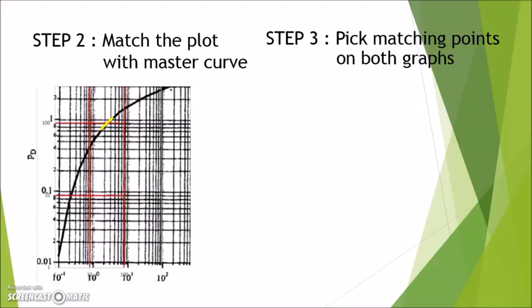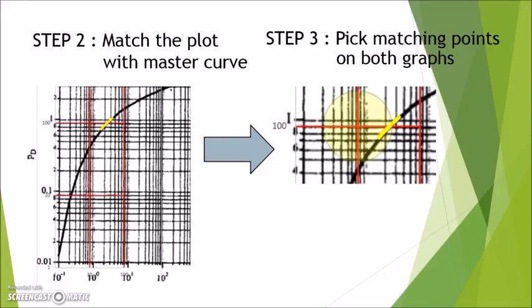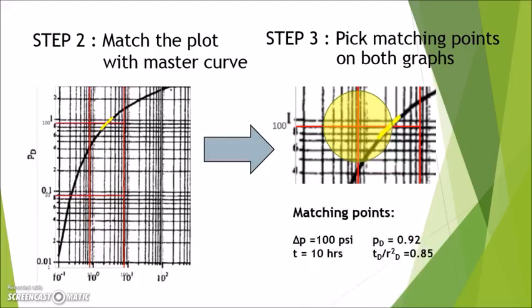Here in this example, I picked the intersection points from the graph that I plotted, which falls on the yellow circle. As we can see from the match, we obtain the following values. These values might not be exactly the same as from the original match, but it is good enough.